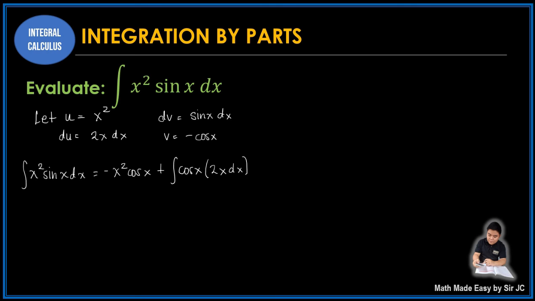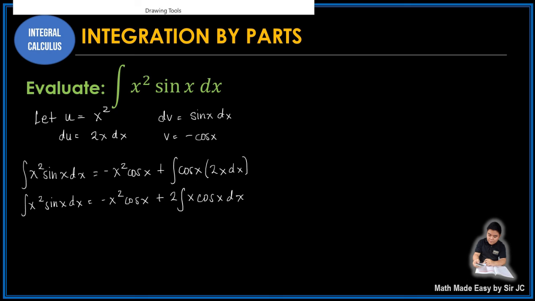Simplifying further, the integral of x squared sine x dx equals negative x squared cosine x plus 2 times the integral of x cosine x dx.